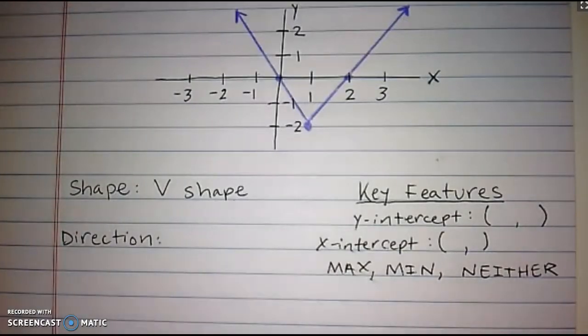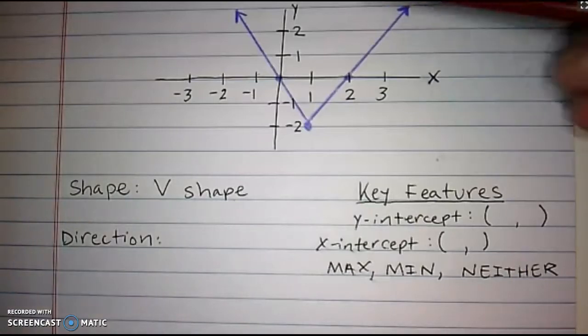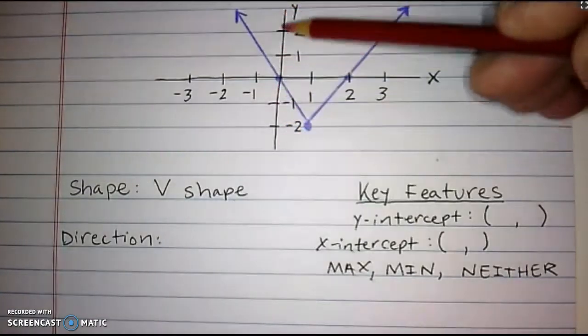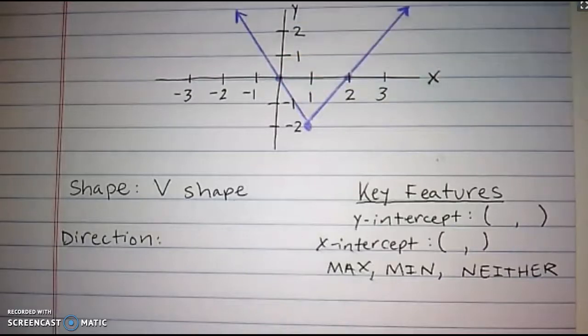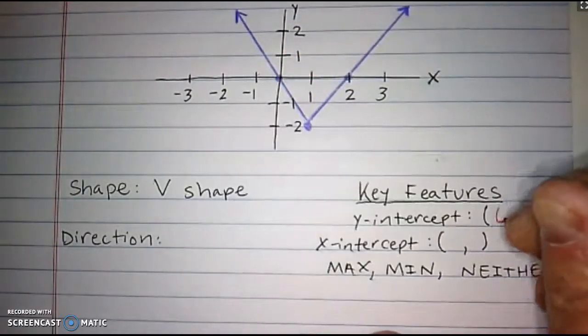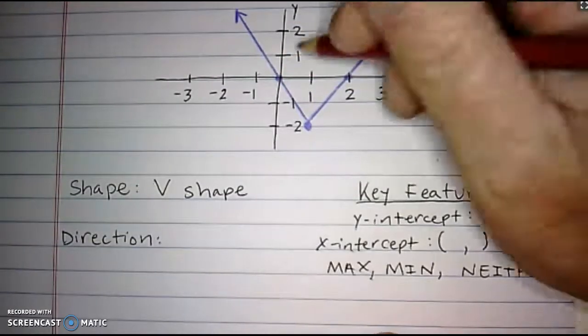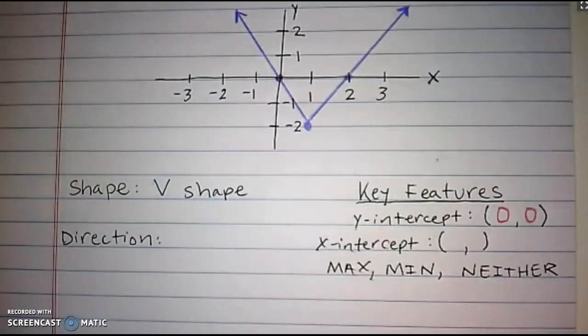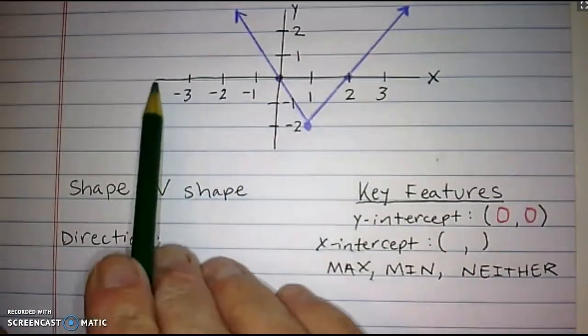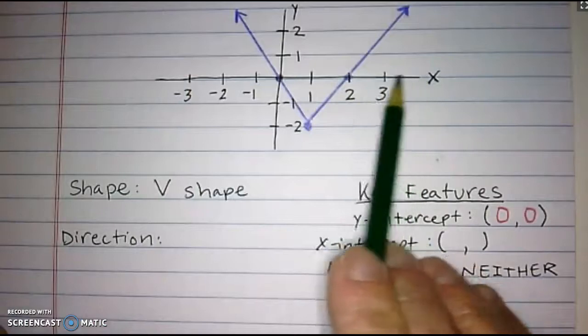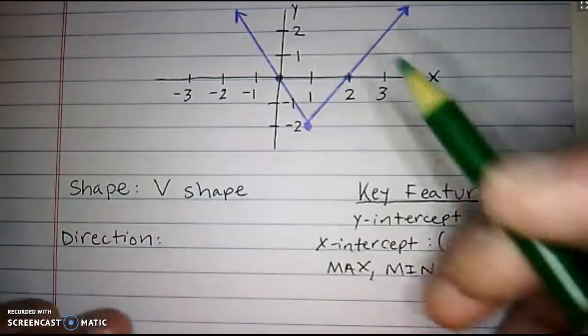I could see from this graph that it crosses the y-axis right here at (0, 0). So that would be my y-intercept. I can see here that I have an x-intercept also. In fact, if I look at this, the graph crosses the x-axis in two different spots.